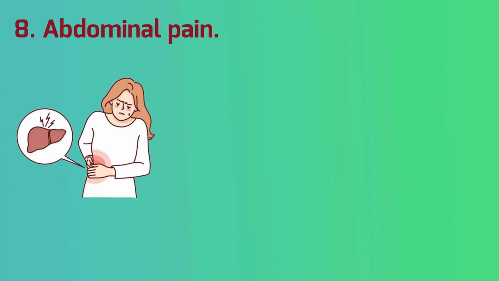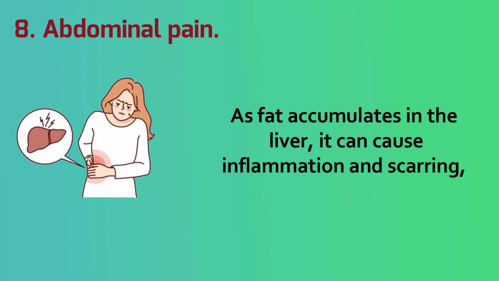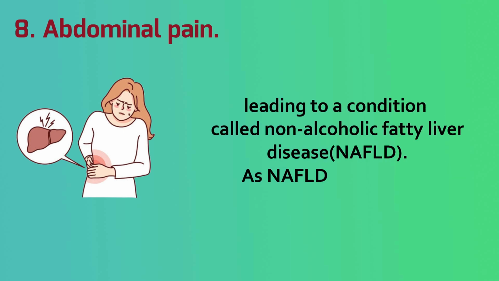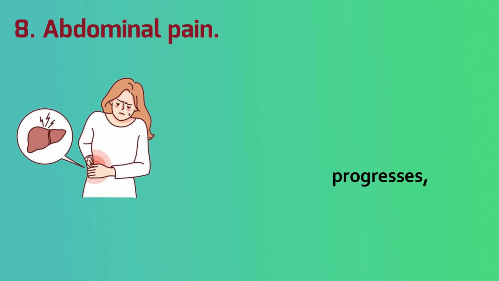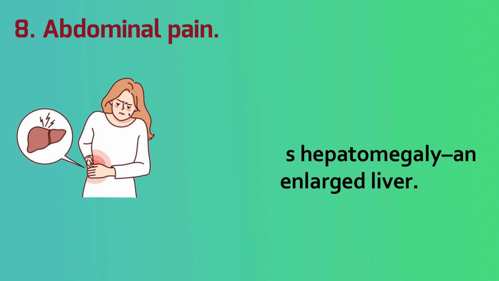Number 8. Abdominal pain. As fat accumulates in the liver, it can cause inflammation and scarring, leading to a condition called non-alcoholic fatty liver disease, NAFLD. As NAFLD progresses, it can cause various complications, one of which is hepatomegaly, an enlarged liver.